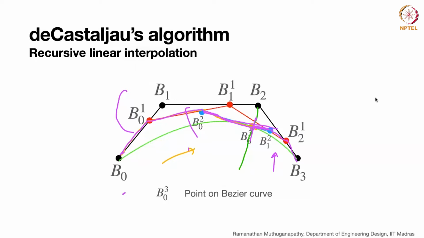Until we get 1 point. See, each time you are going to vary the parameter. You can either go for recursion, and there will be a starting parameter and then an ending parameter. So you calculate this for every t.